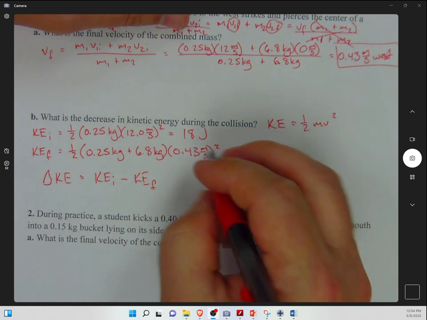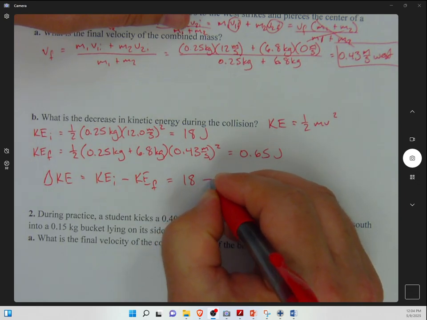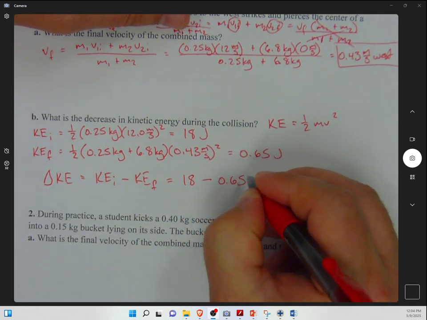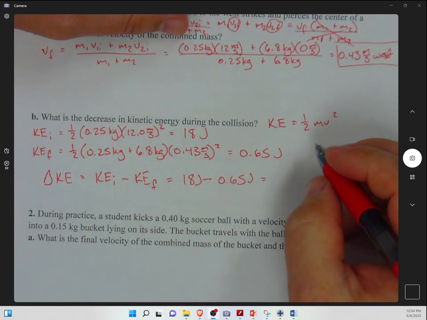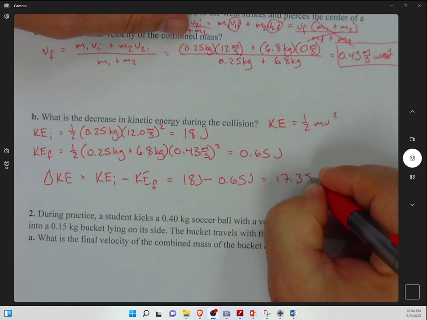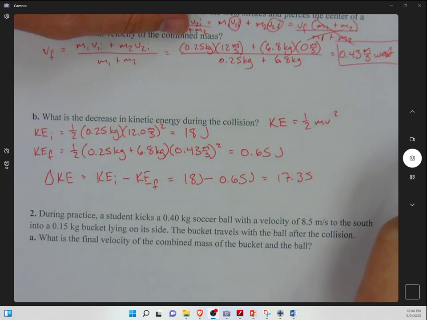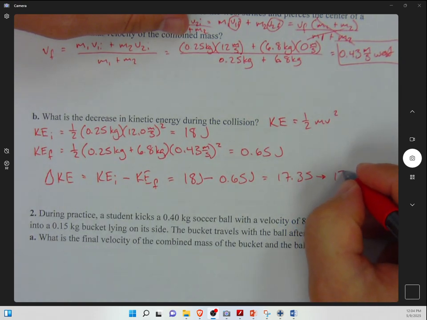So the change in kinetic energy is going to be whatever the initial kinetic energy was minus the final kinetic energy. So that ends up being 18 minus 0.65. And so it's going to be 17.35, but I'm doing 2 sig figs, so I'm going to round that to 17 joules.